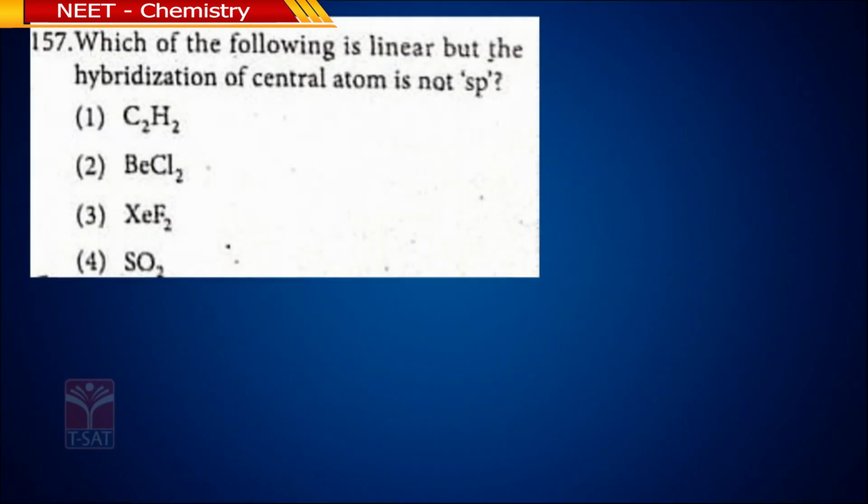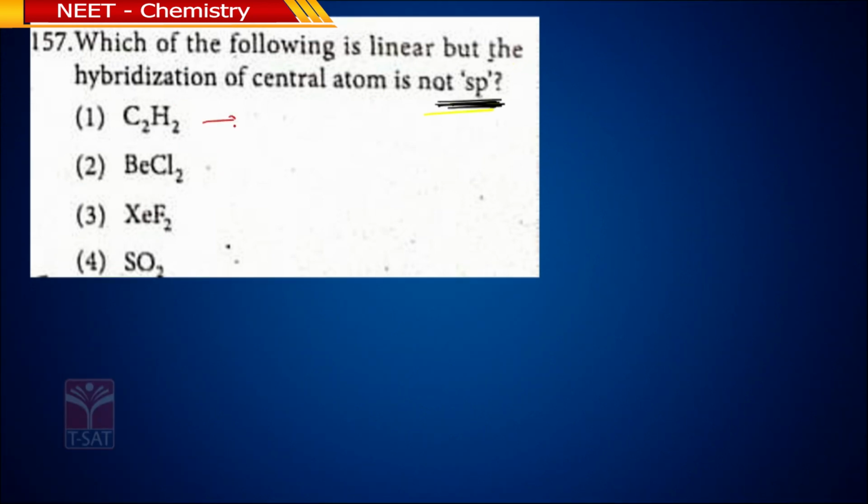Now the next question: which of the following is linear but the hybridization of the central atom is not sp? The molecule should be linear but should not be sp hybridized.